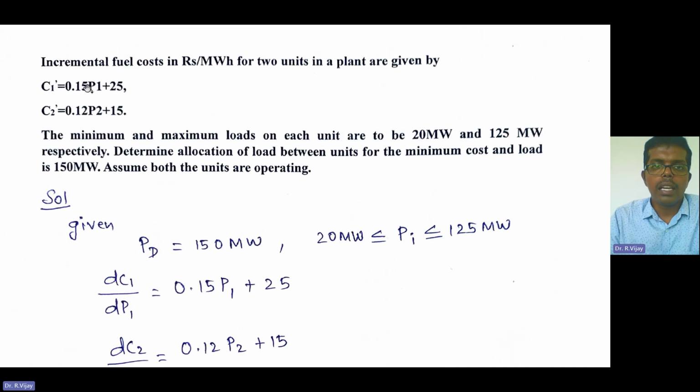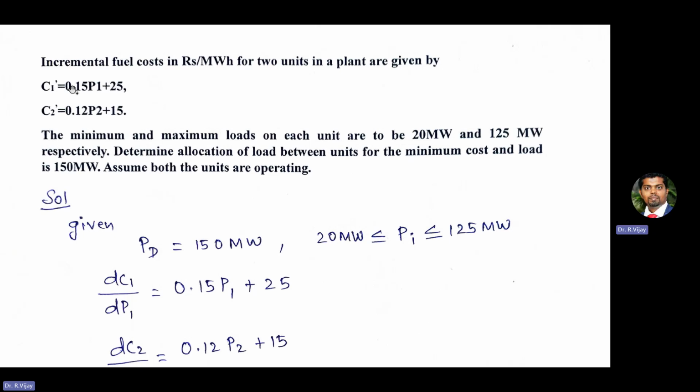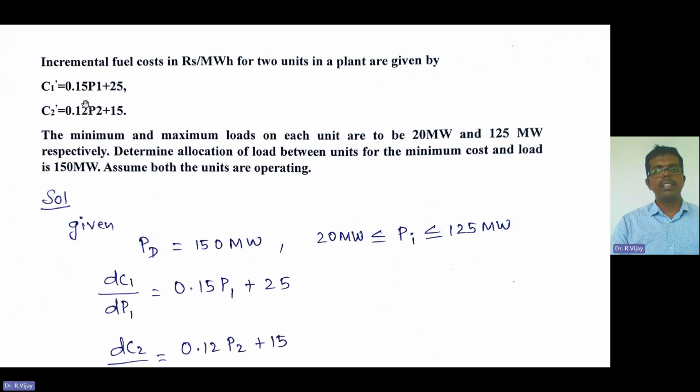In this kind of problem, first you need to see the fuel cost function. Here the incremental fuel cost is given as a differentiation, that is C1' and C2'. In the problems we have seen before, C1 and C2 were directly given. Here differentiation is given, so you need to be very careful.